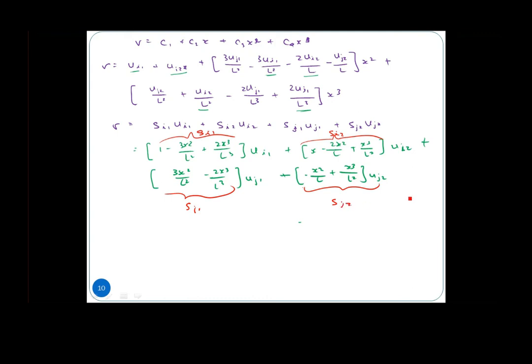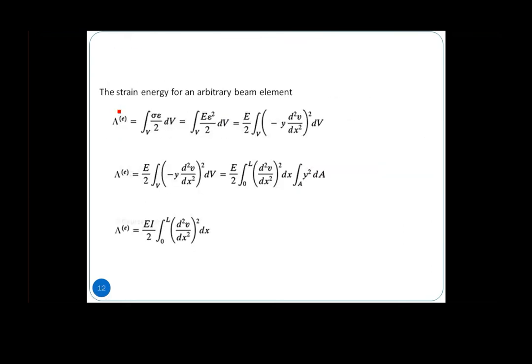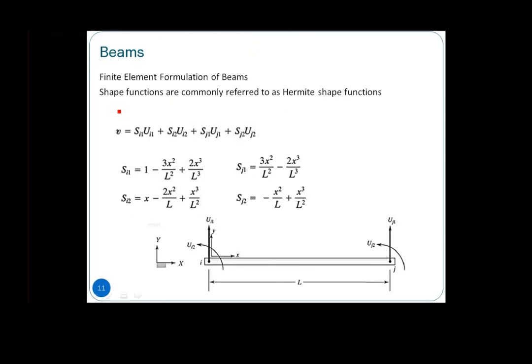So my shape functions, I rearrange my displacement, or deformation subject to bending, will be in this particular form. All right, so now we have these shape functions, that is what you have seen here: v equals si1 ui1, si2 ui2, sj1 uj1, and sj2 uj2, okay, clear?